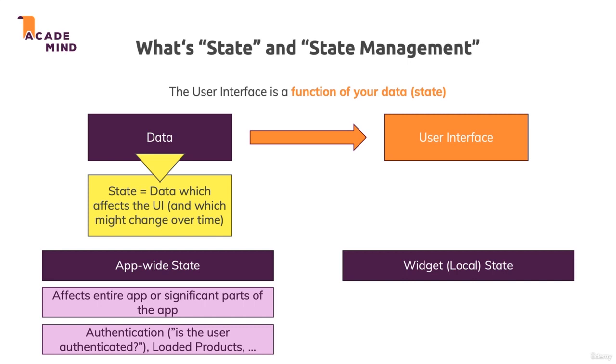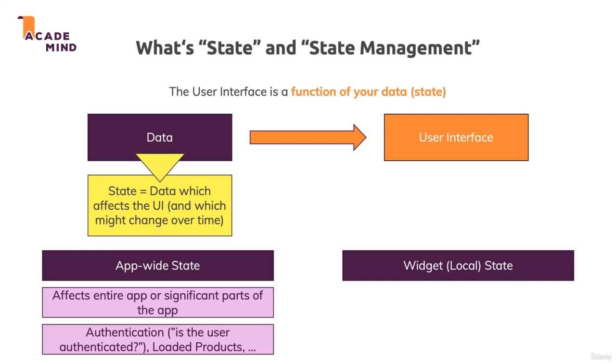But the loaded products themselves could be data that is required in many parts of your app. Maybe not in every part, but you need the loaded products in the products overview, in the product details screen, also maybe in parts of your shopping cart screens. So these are pieces of data which you need in many places of your app or which have an impact on the entire app or on large chunks of the app.